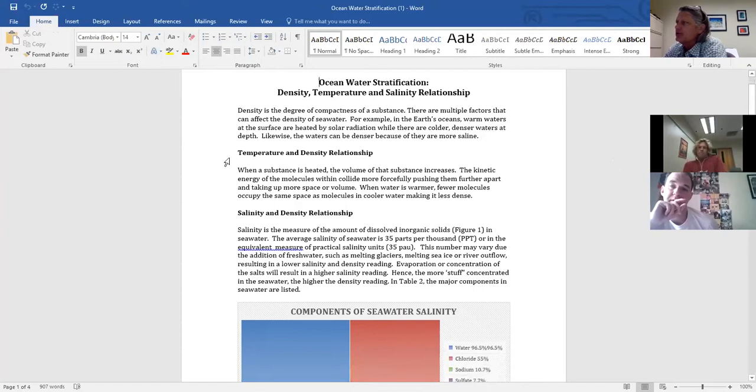So first, temperature: when we heat it, the volume increases. That's called a direct relationship, which means as one increases, the other increases. Water is unique though, because once you reach 4 degrees Celsius, that's its maximum density, and then it starts to get less dense again. But generally speaking, temperature and density for most substances is a direct relationship.